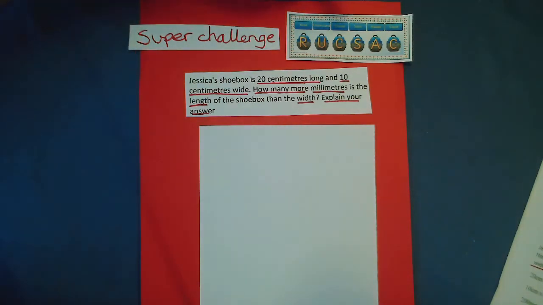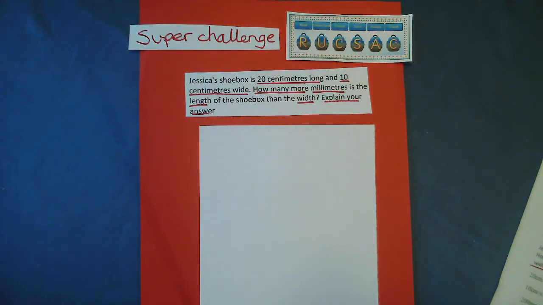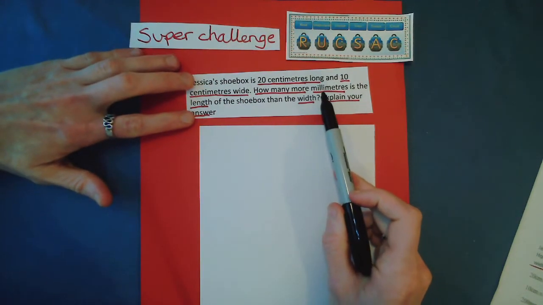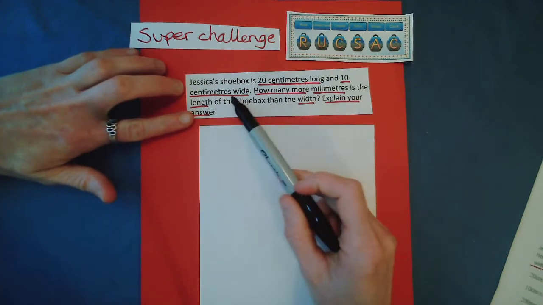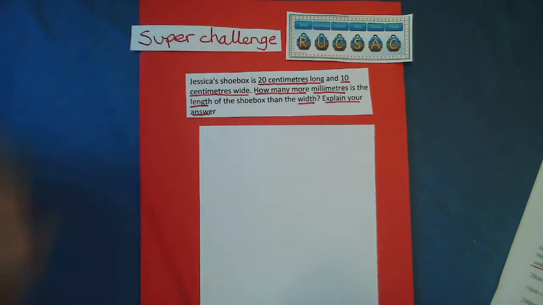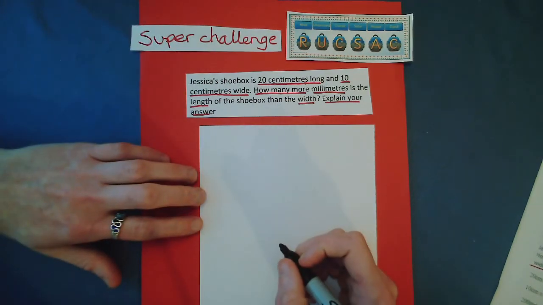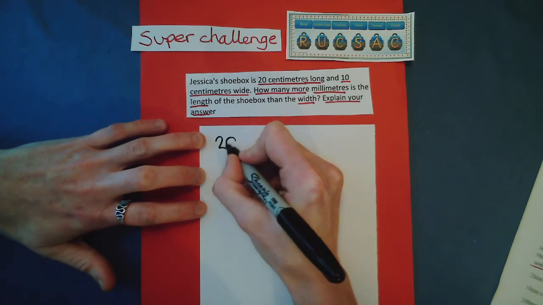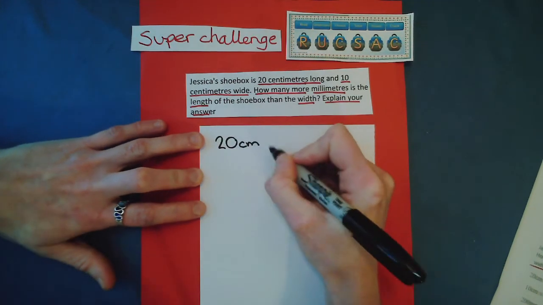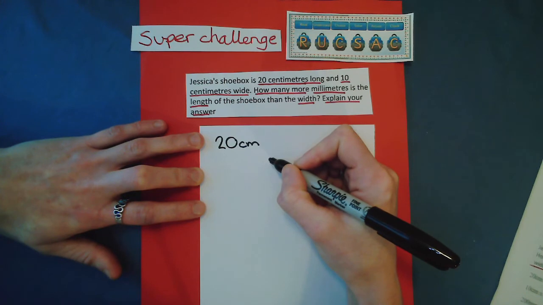So now we need to choose what to do. So the first thing we can think about is that the answer needs to be in millimetres. So let's convert from centimetres to millimetres. So 20 centimetres. What do we need to do to convert to millimetres?